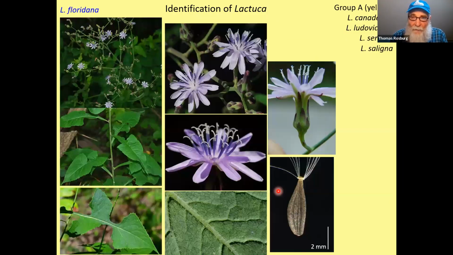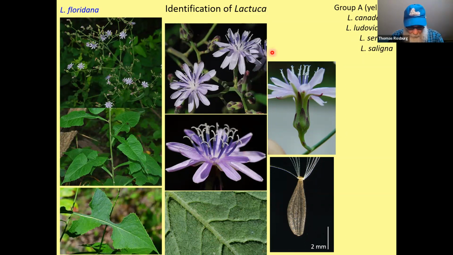You see these bracts here have some purplish coloration at the top of these bracts or phyllaries. Some pubescence on the underside of the leaves of Floridana. That's what this is showing here, some hairs there.